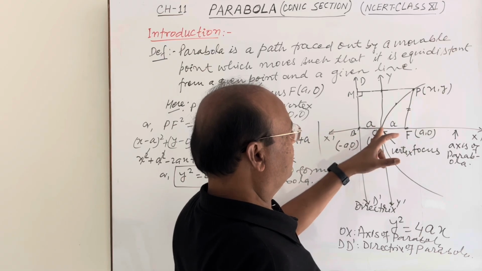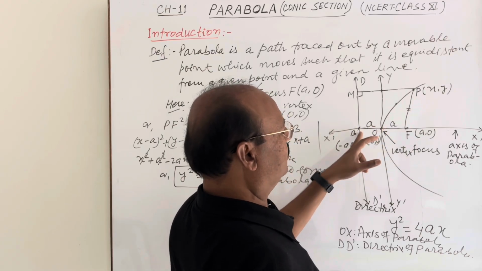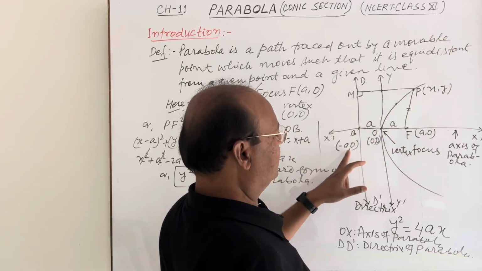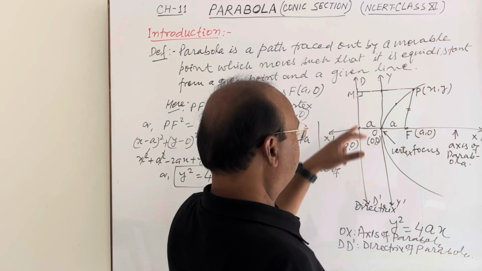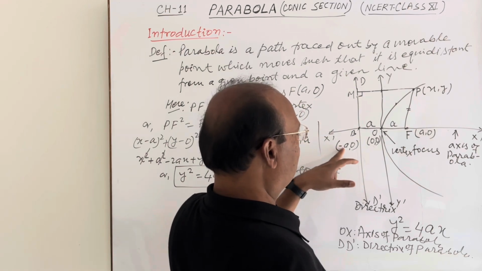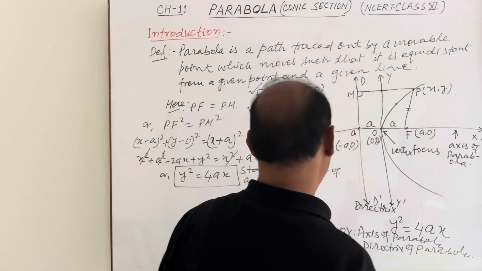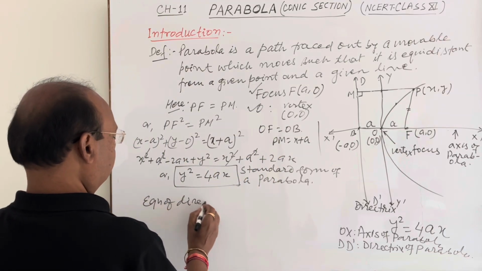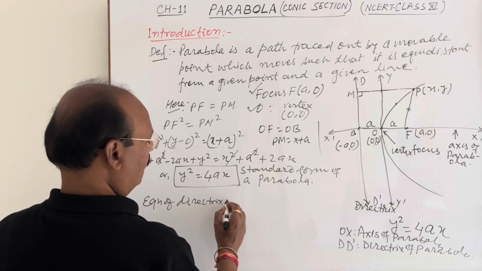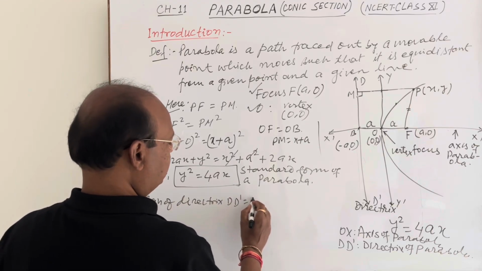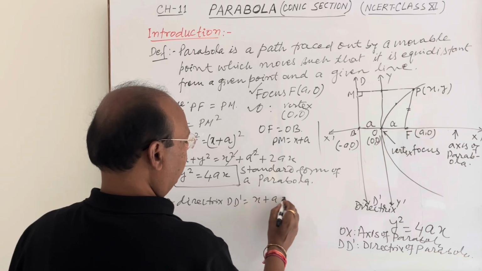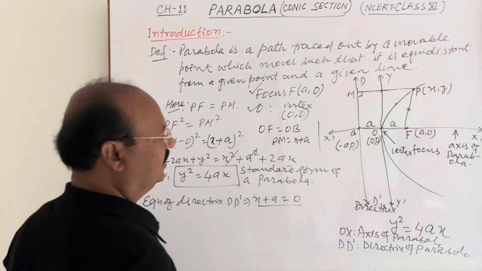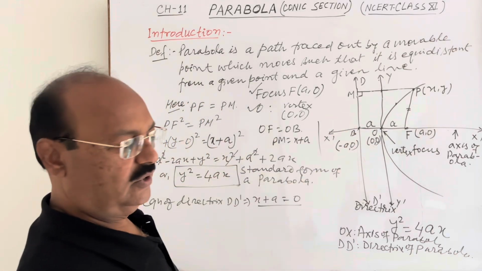Point B is on the left side of the origin at distance a, so the coordinate of B is (-a, 0). So the equation of DD dash will be x = -a, that is, x + a = 0. This is the equation of the directrix of the parabola.